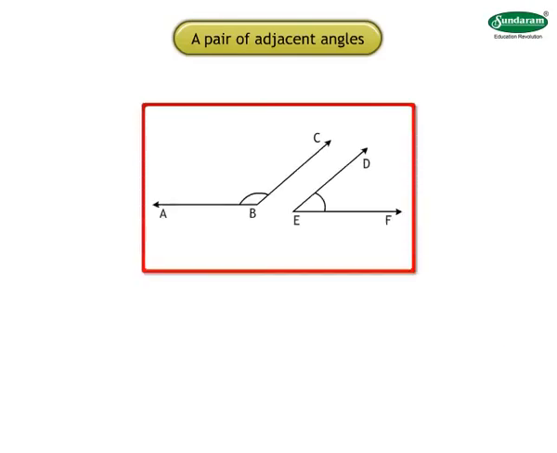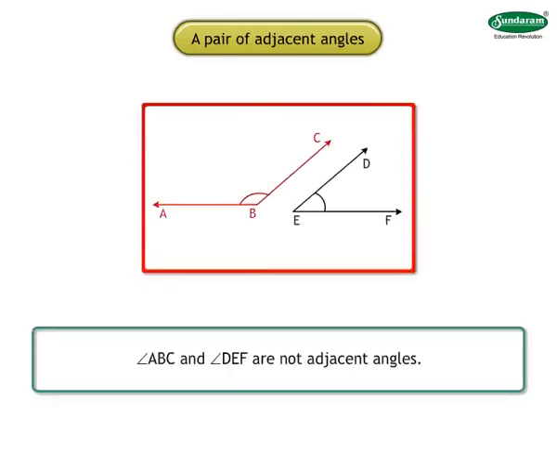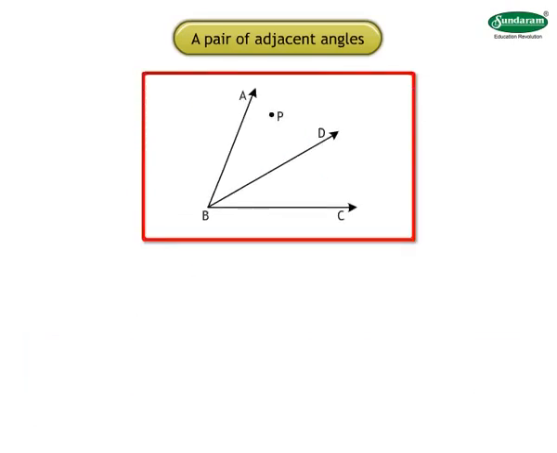Now, look at this figure. Angle ABC and angle DEF do not have a common arm. Hence, they are not adjacent angles. Now look at another figure. Here, the arm AB is the common arm between angle ABD and angle ABC.